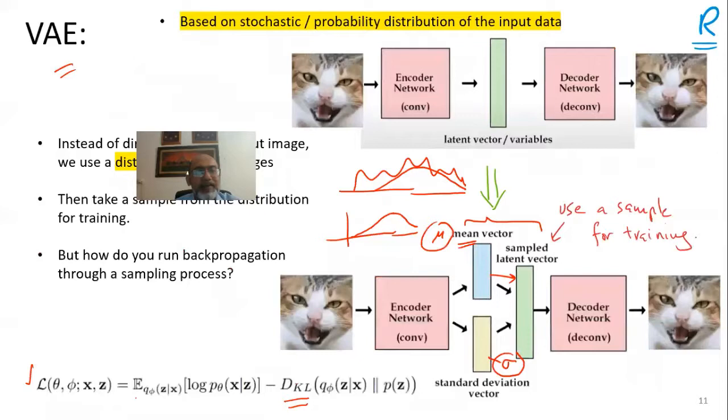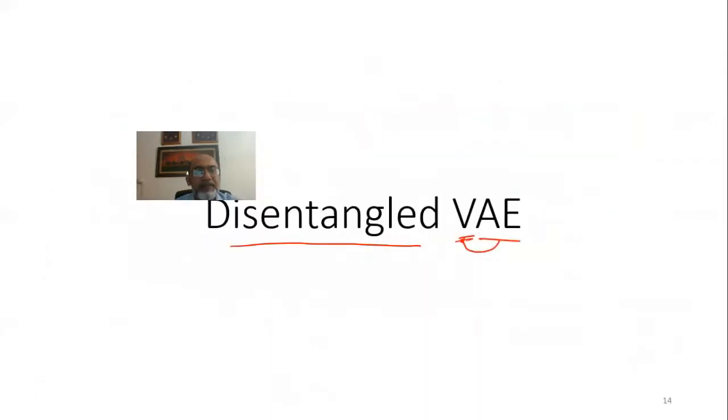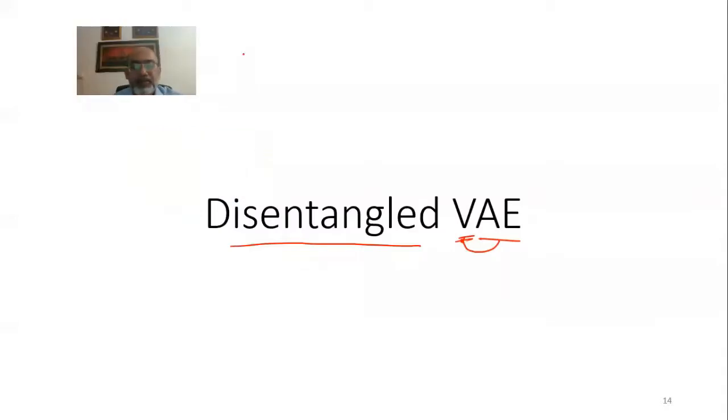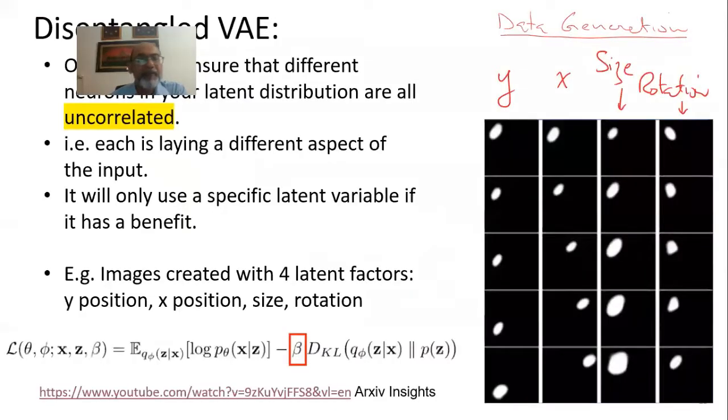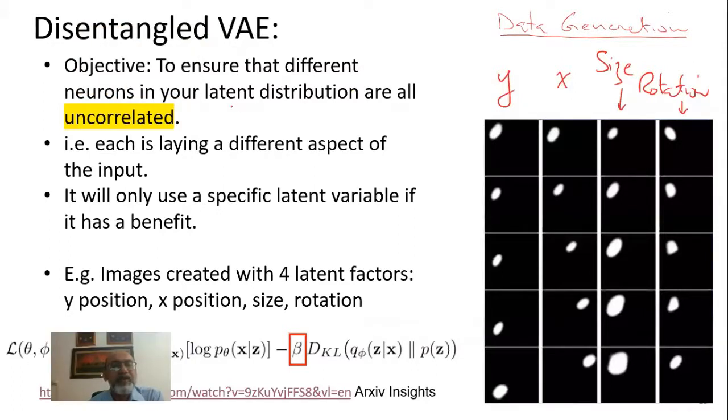Now what disentanglement does, which we're going to discuss, is it tries to find those features which are very unique. Mathematically, you can describe that as finding those features which are uncorrelated.